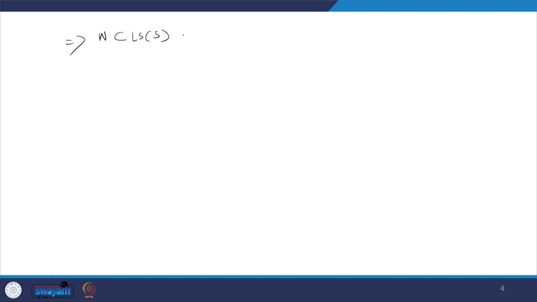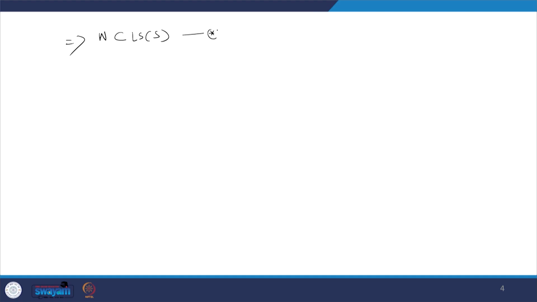So the subspace generated by the rows of the B matrix, which is equal to P into A, is a subspace of the row space of A. This is a nice result.